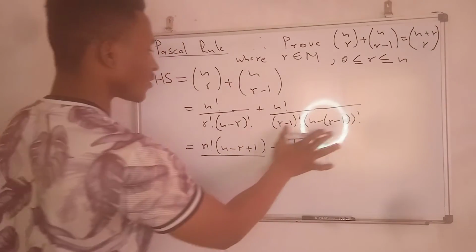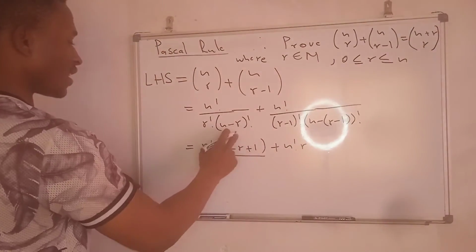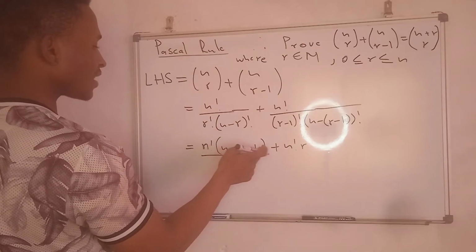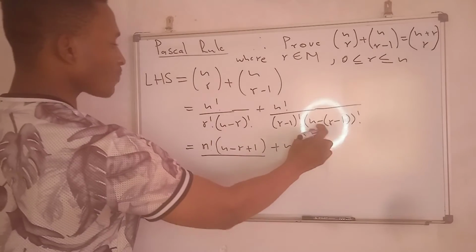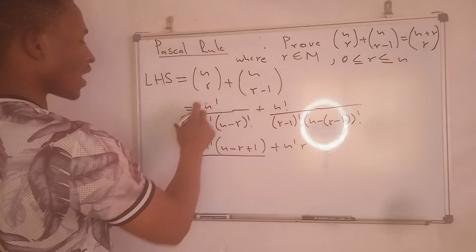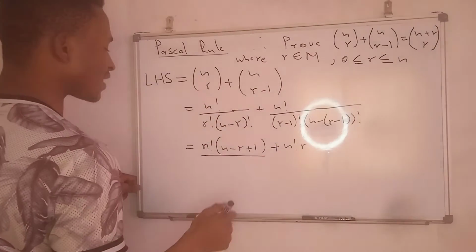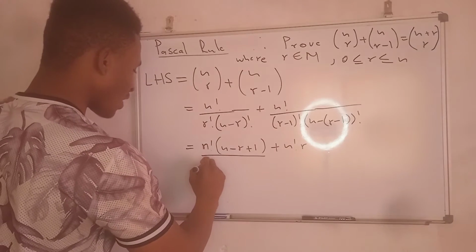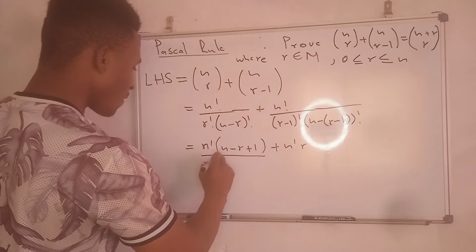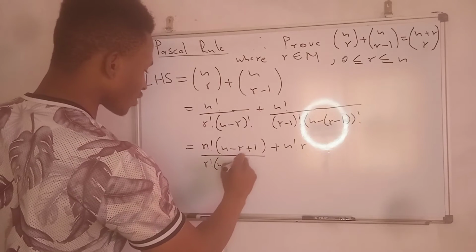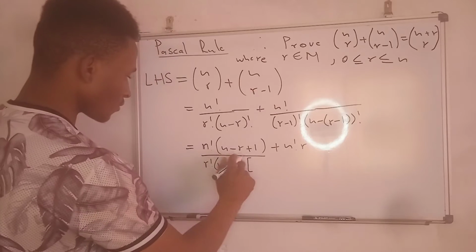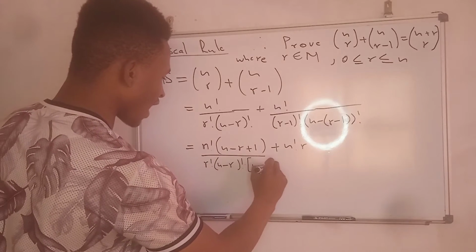Now you can see it. Since we took this and multiplied it to n, we must also multiply it on the denominator. So we are going to have r factorial times n minus r factorial, and then multiplied by this part, n minus r plus 1.